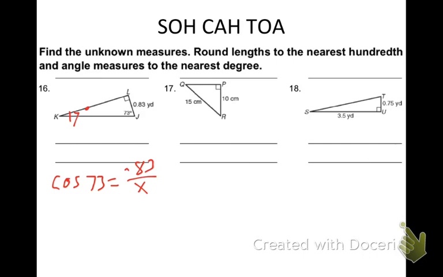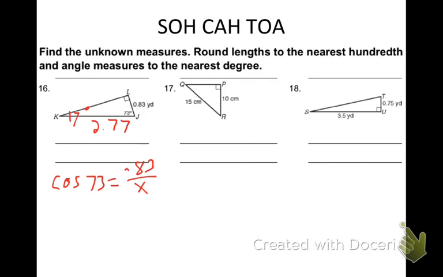Now again, recognize, you can set these up a lot of different ways depending on what you've done. I could have done sine of 17 equals 0.83 over x. Either way, it doesn't matter. You have to make sure you're setting it up with the correct trig ratio. When you work that out, what's KJ come out to be then, Caitlin? 2.77. Is that what you said? Okay. And then what did you use to find KL, Caitlin?